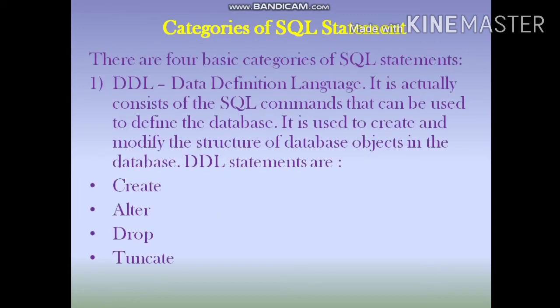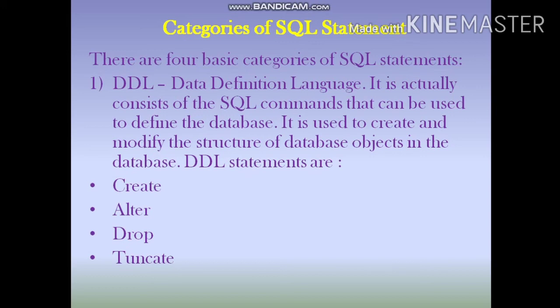Categories of SQL statements. There are four basic categories of SQL statements. First one is DDL, Data Definition Language. It consists of the SQL commands that can be used to define the database. It is used to create and modify the structure of database objects in the database.